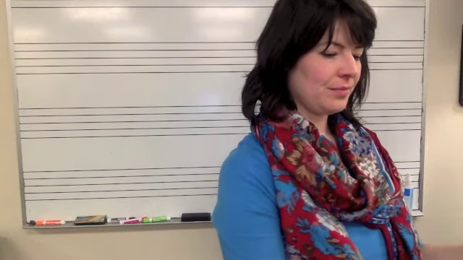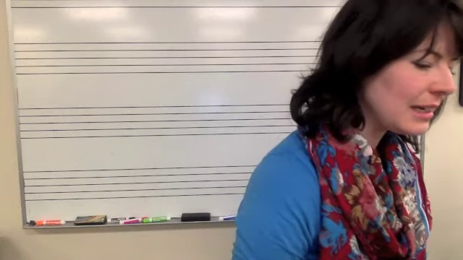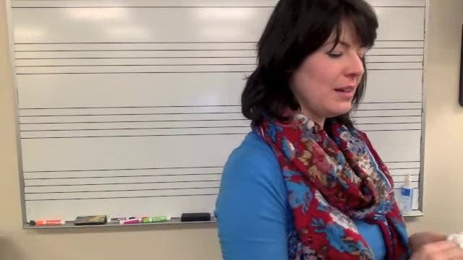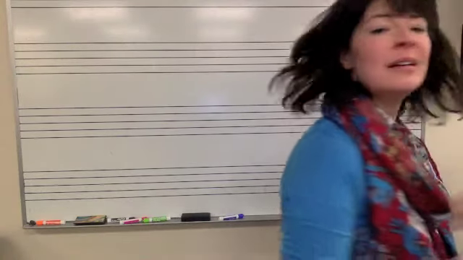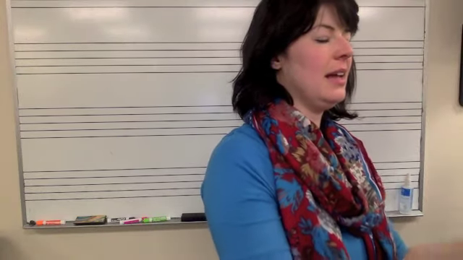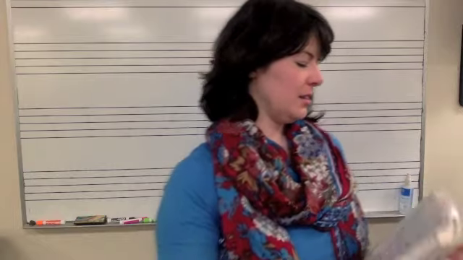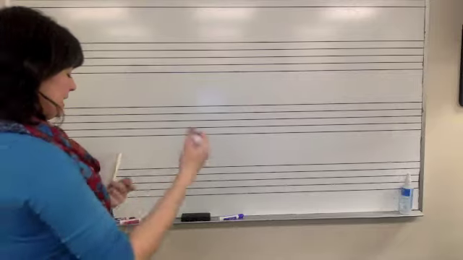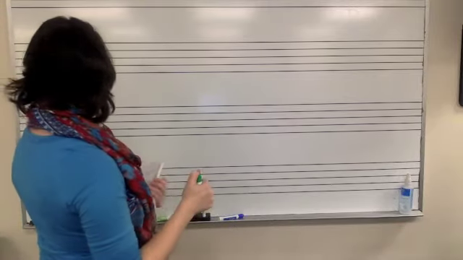So let's see. In assignment 5.1, all you have to do is identify the cadence. So this first one, they just give you straight up a cadence and you have to identify the cadence.